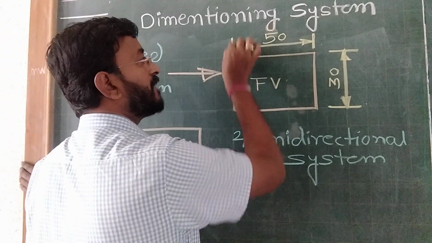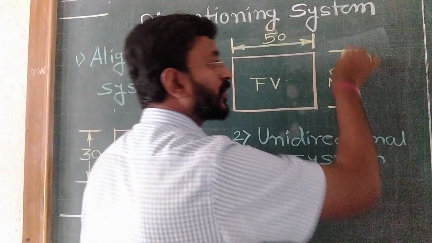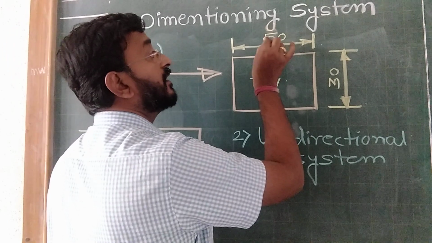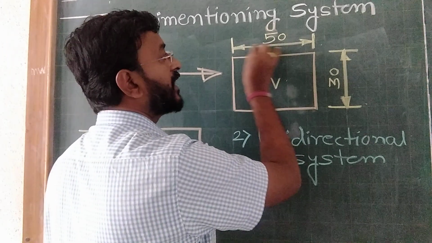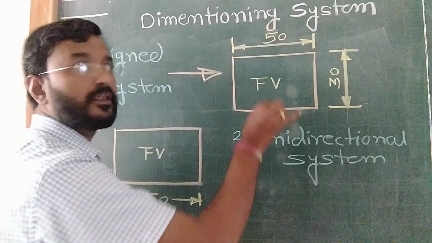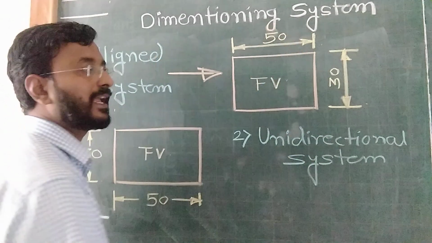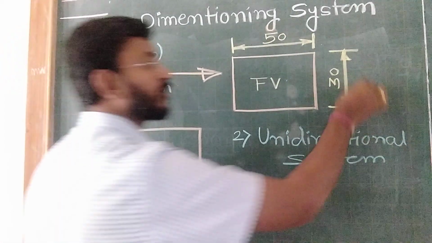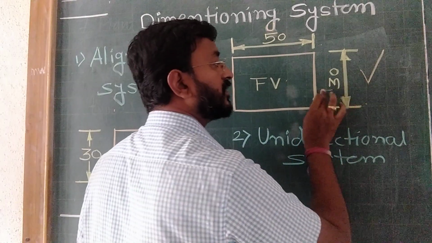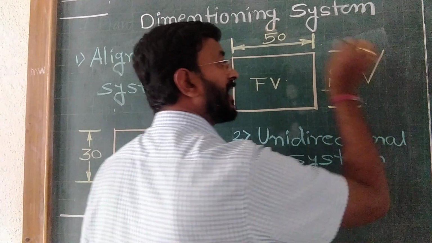Here the given dimensions are 50 mm length and a total height of 30 mm. While placing the digits, we place them along the dimension line. This is your dimension line, and the number is placed along it horizontally. For the vertical dimension, we place the 30 mm height along its dimension line.